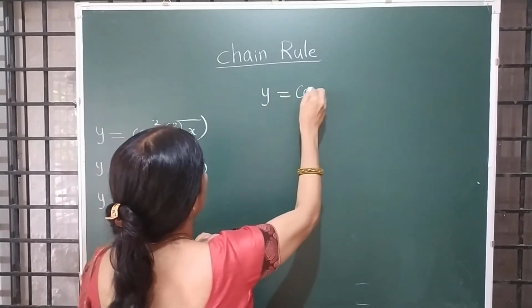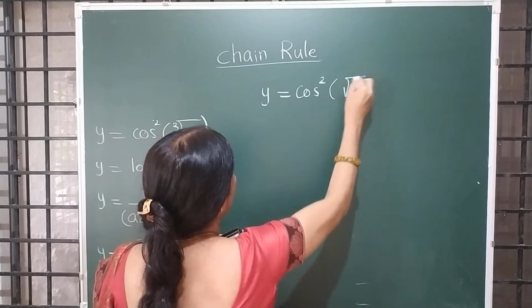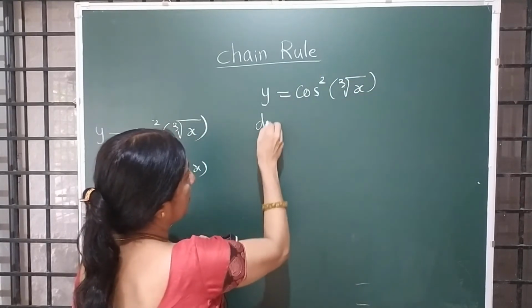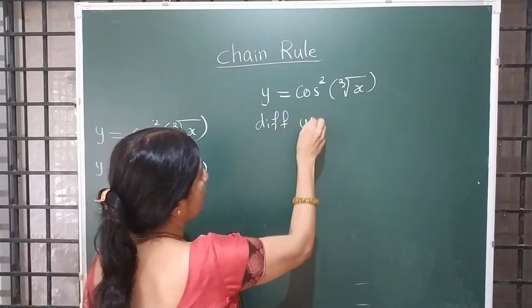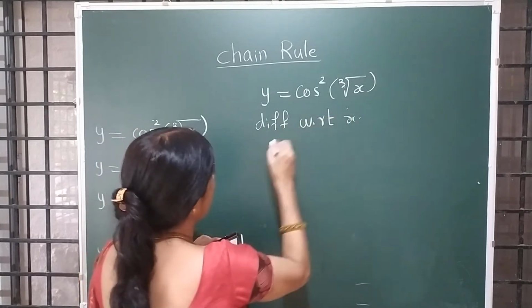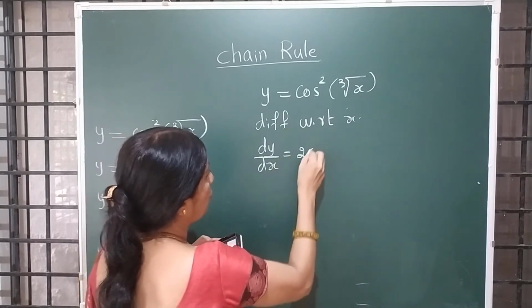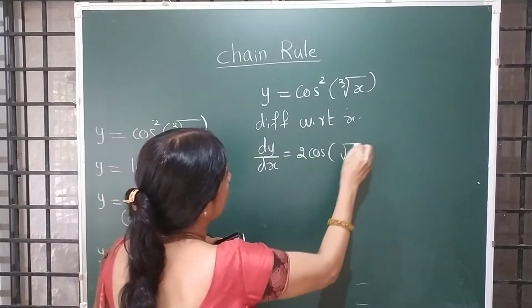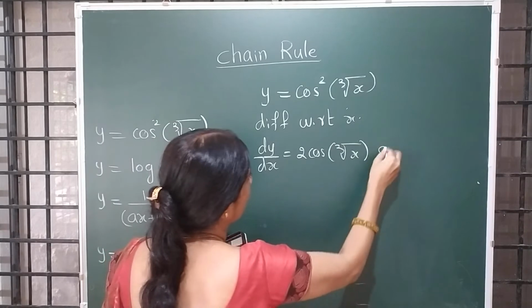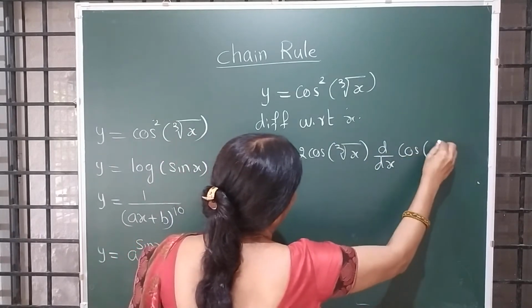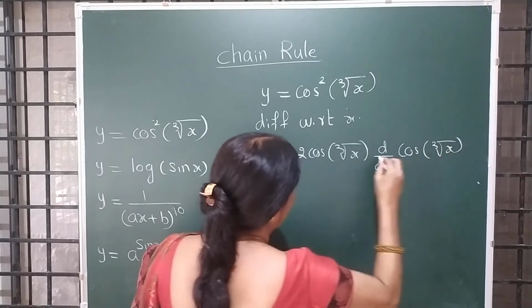Y is equal to cos square of cube root of x. See, first the power. Differentiating with respect to x, differentiation of power, that is 2 into cos, the remaining term as it is. After power we have to differentiate the trigonometric term, that is cos of cube root of x.